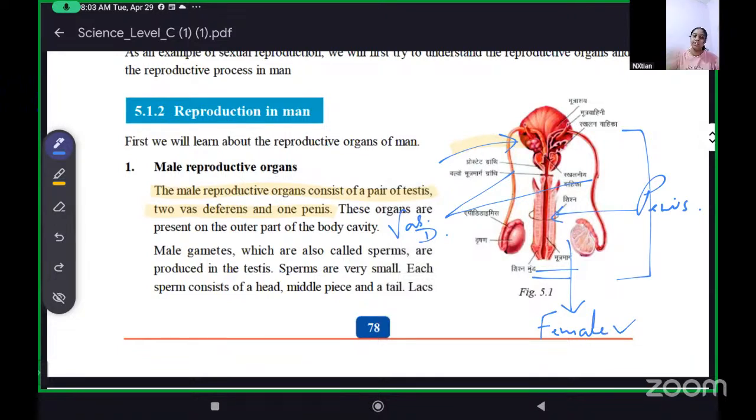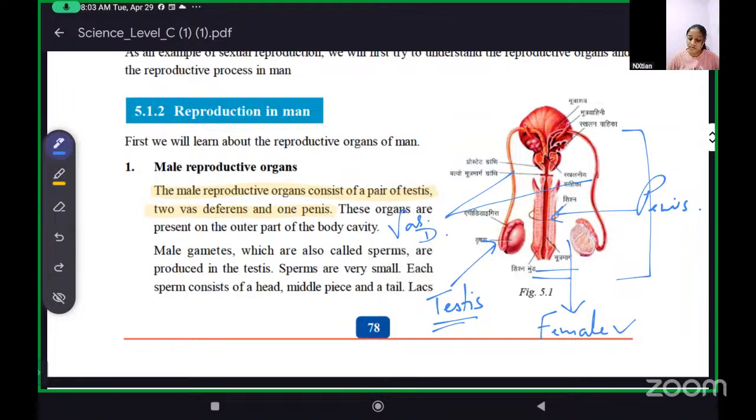One is that it helps in urination, and the second is that through this the sperms travel. This is the testis actually.